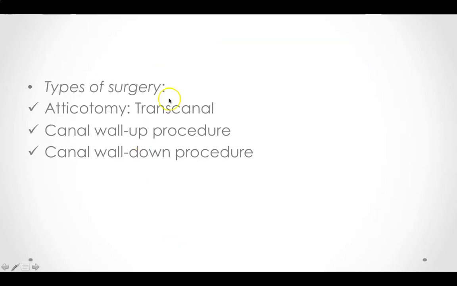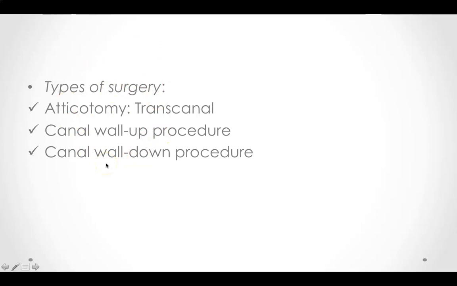Now the types of surgery that we do are atticotomy, that is transcanal; then we can go for a canal wall up procedure, that is, we are preserving the external auditory canal, or we can go for a canal wall down procedure. I won't be mentioning these procedures in detail here.